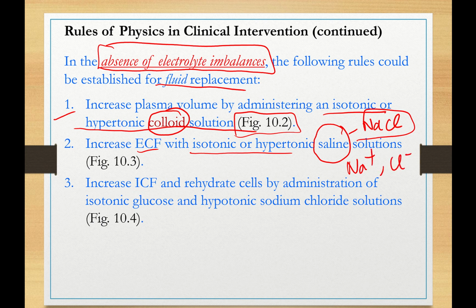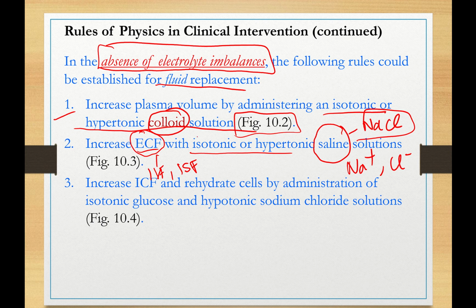So this ionic compound can be exchanged with the interstitial fluid, but it doesn't get passively diffused intracellularly. So if your intention is to increase both blood and interstitial fluid, so I'm just going to write intravascular fluid and interstitial fluid, then you can do that by administering an isotonic or hypertonic saline solution.